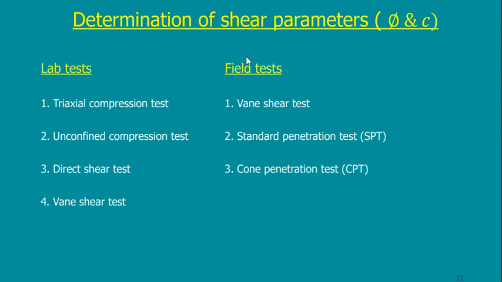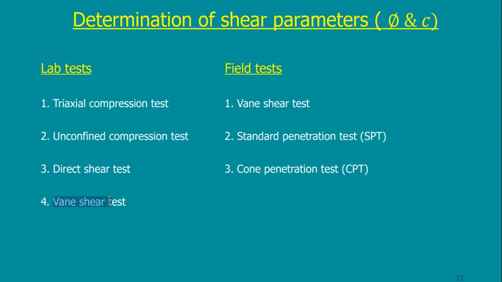To determine the C and phi of the soil, I have many ways. I can do it in the lab and I can do it in the field. In the lab, I have many tests. I have triaxial tests, I have unconfined compression test, I have direct shear test, and I have vane shear tests.